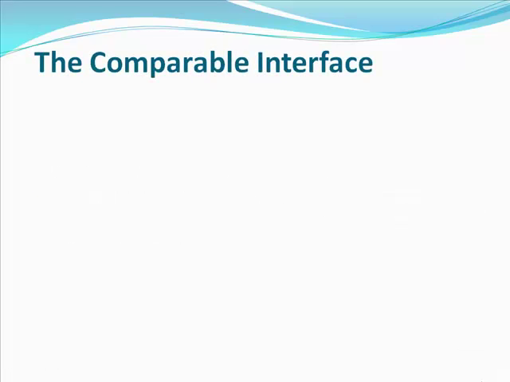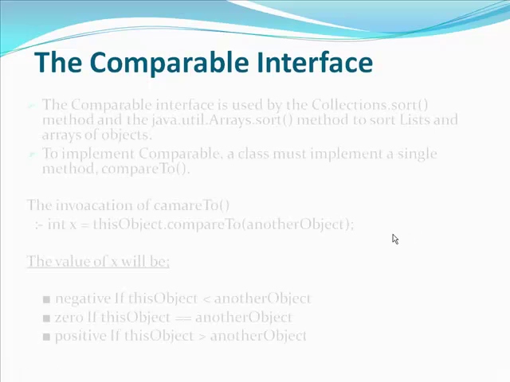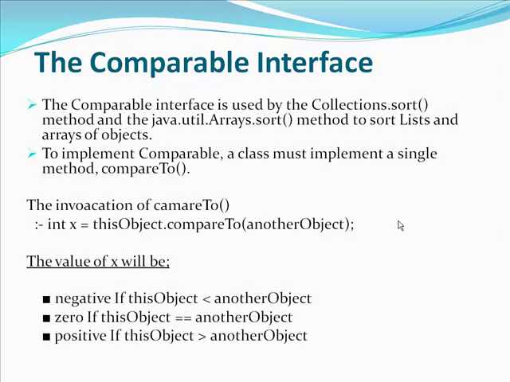Next we will discuss the Comparable interface. The Comparable interface is used by the Collections.sort method and the java.util.Arrays.sort method to sort lists and arrays of objects. To implement Comparable, a class must implement a single method called compareTo.